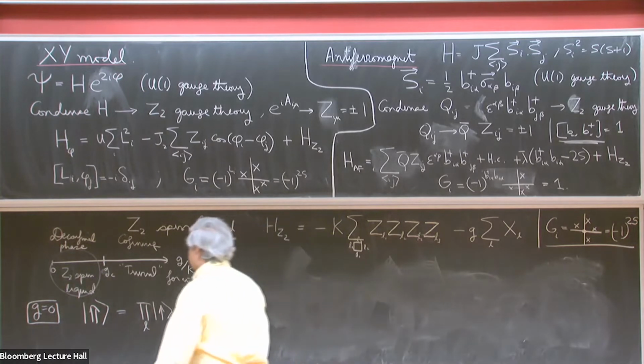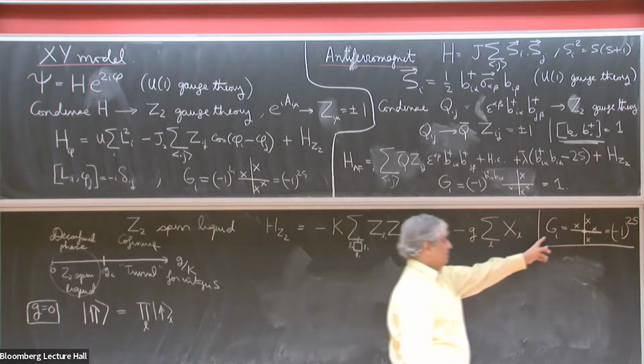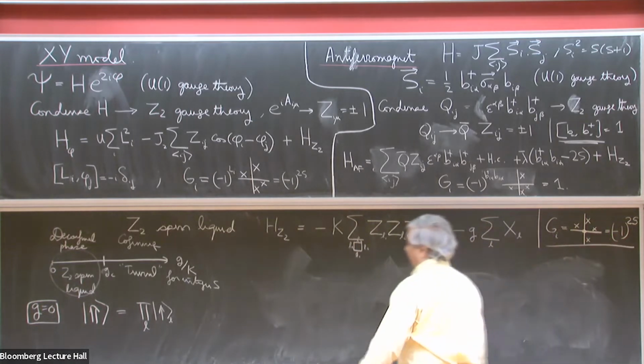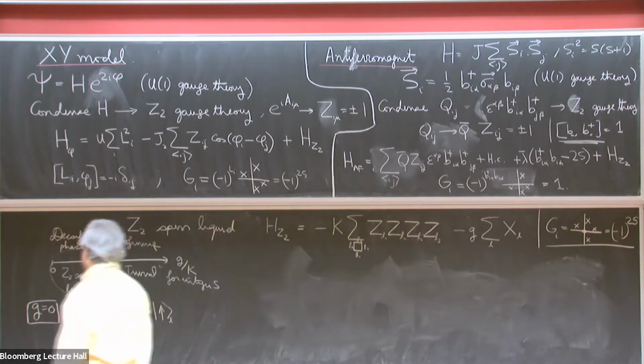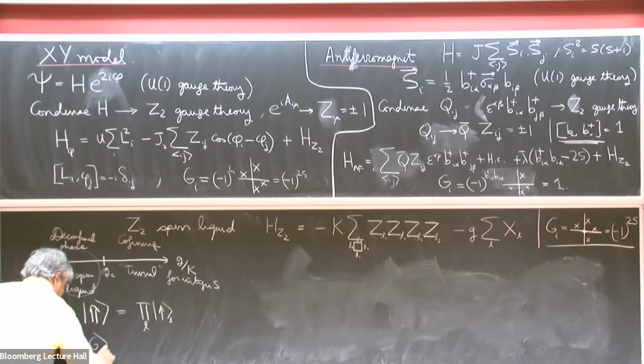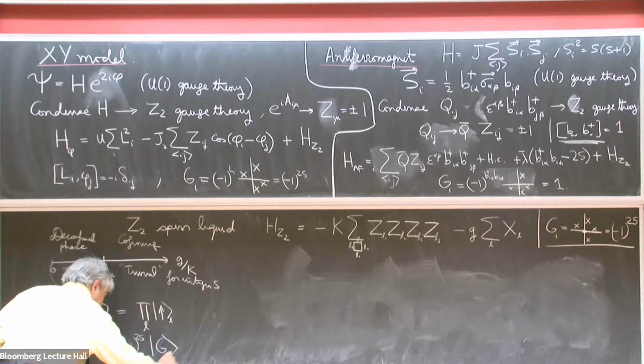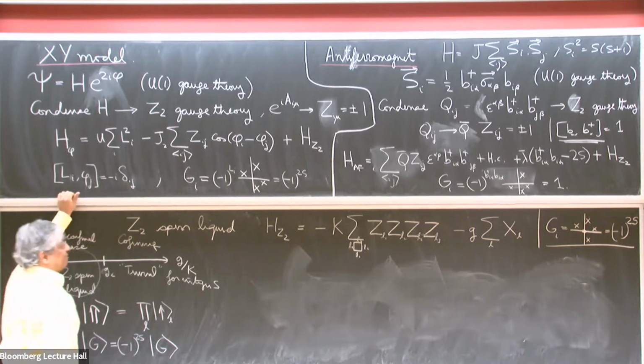But the only trouble with this state is that it's not an eigenstate of G. I also want my ground state to obey that G_i, as an operator acting on the ground state, whatever it is, should be (-1)^{2s} times the ground state. So that should be my actual ground state.